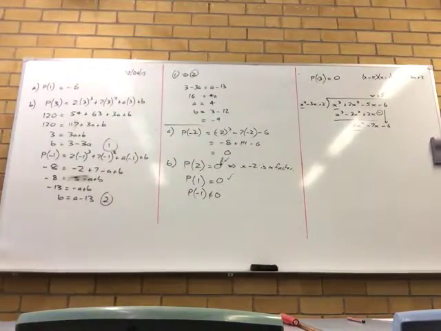I'm going to go through it. 8, 16, take away 10. 2x. Okay. You've got a positive. Yeah, P of 1 is not a factor.